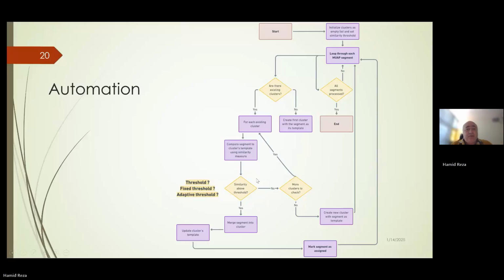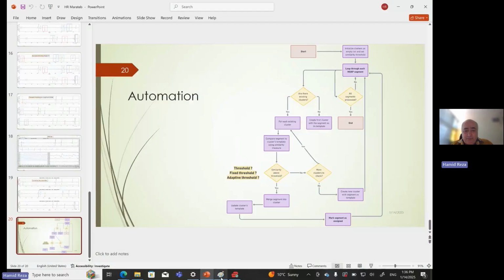So here we identify a threshold which is not fixed, as I talked about, and is adaptive because it is measured from each signal differently. A signal with different SNR will have a different threshold. And we even update the threshold over time.